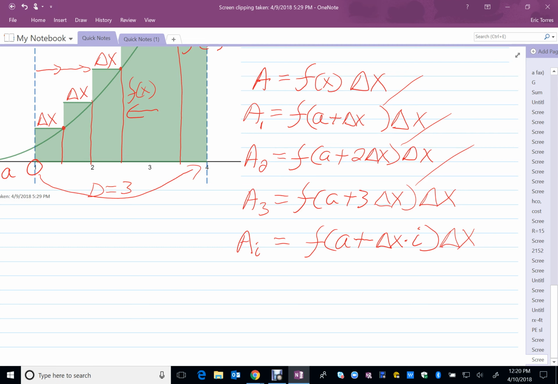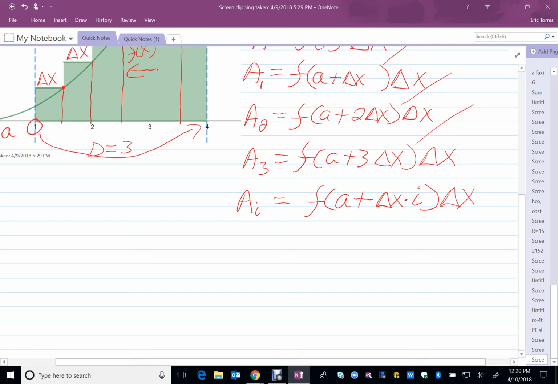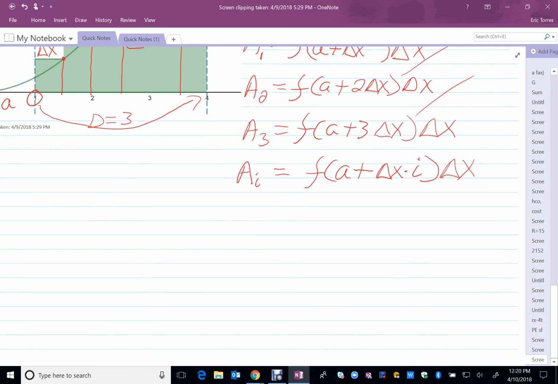I've explained how we calculate delta x. And now I would do this if there was 5 rectangles. I would go from 1 to 5. If there were 7 rectangles, I would go from 1 to 7, and then I would add them up. So the general formula is starting at 1 and ending at the nth rectangle.